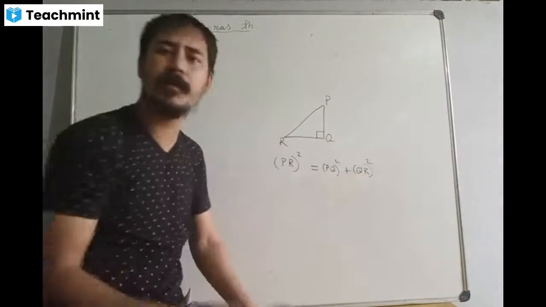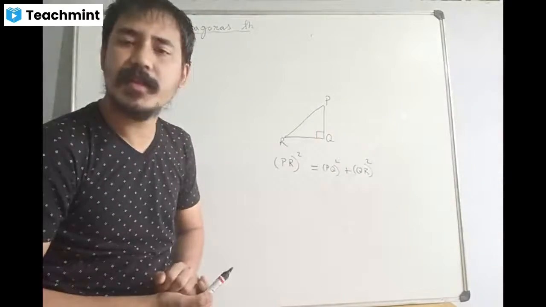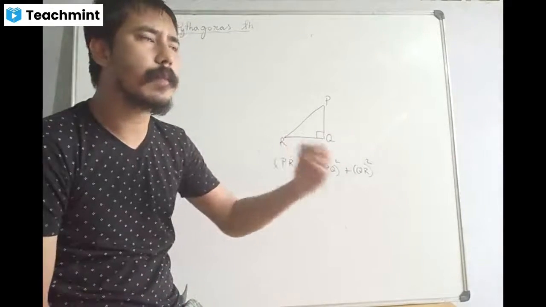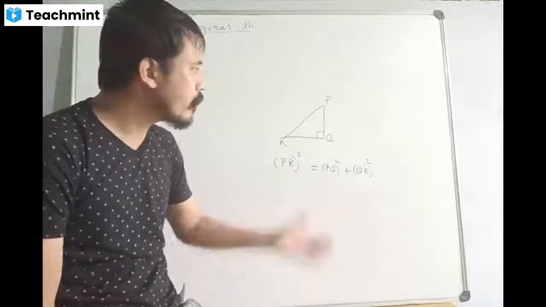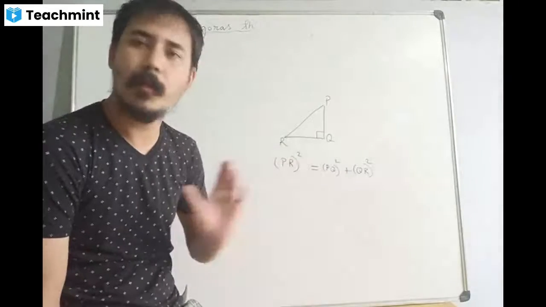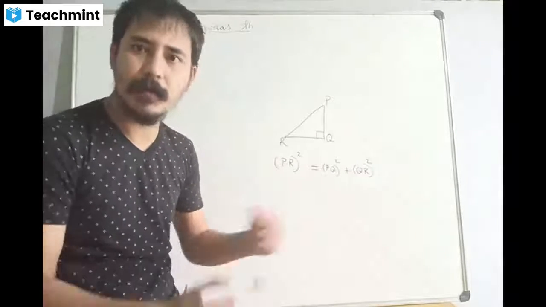So that's very simple. If the question is asked, state and prove Pythagoras theorem, then if you write this statement, you get 1 mark. Now how to write the statement?